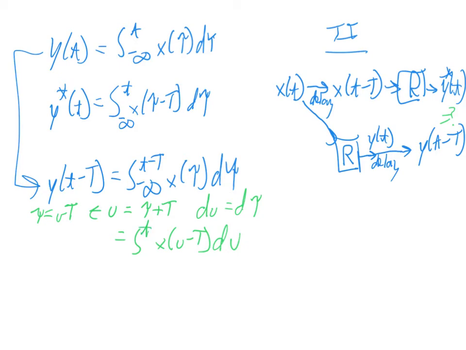So small t and still negative infinity. And now we can see that this expression here matches this one here. The only difference is I have variable of integration called u, variable of integration called tau. That's arbitrary. They really are equal. Therefore, I can say that the integration is time invariant.